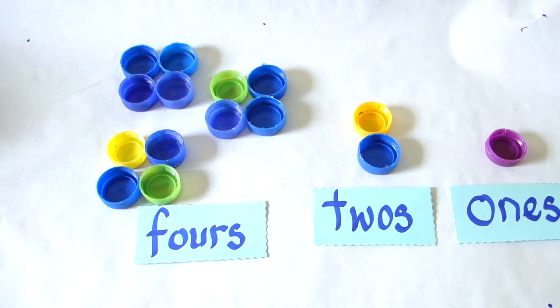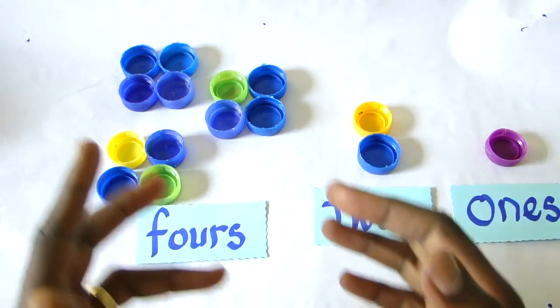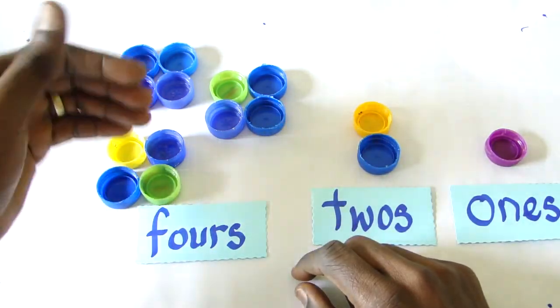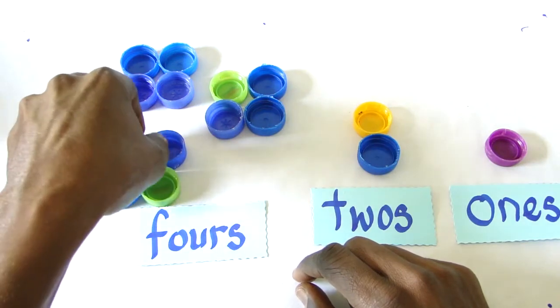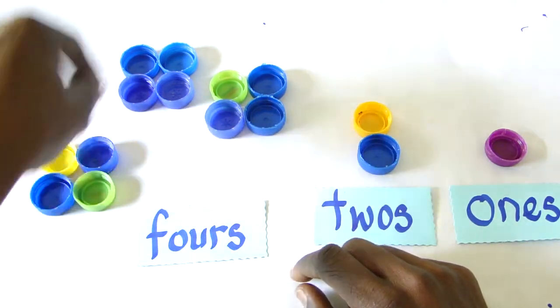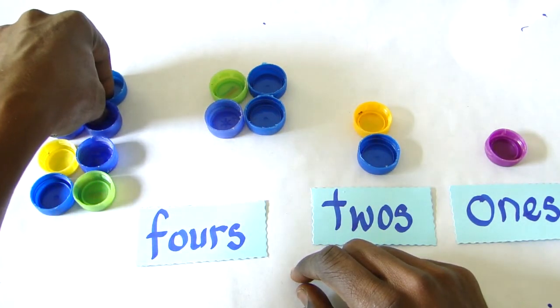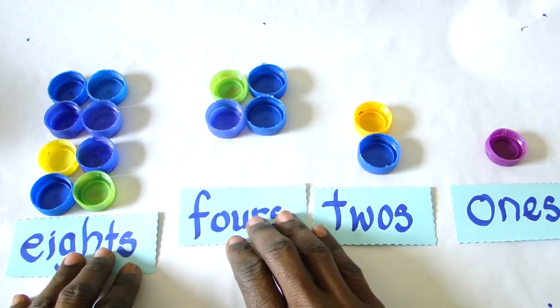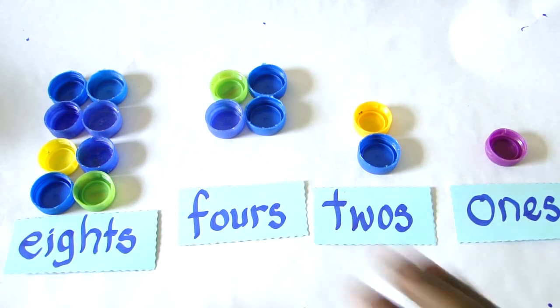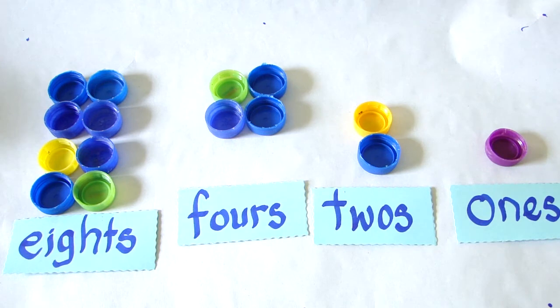The fours can be further regrouped into twos. So we have two similar groups, and I can group them into two to form one group of 8.